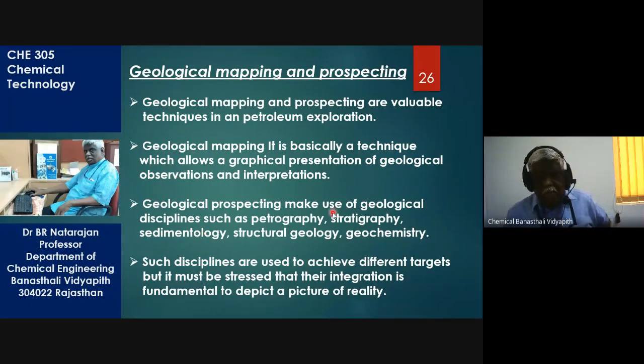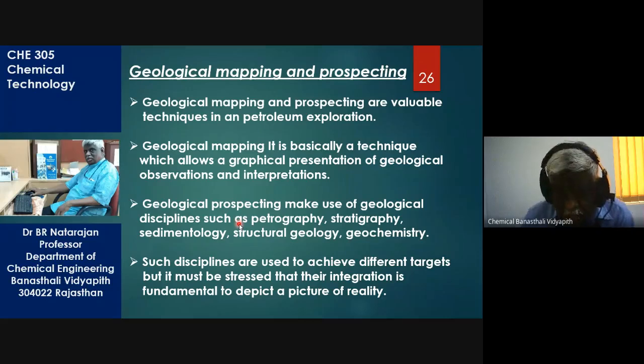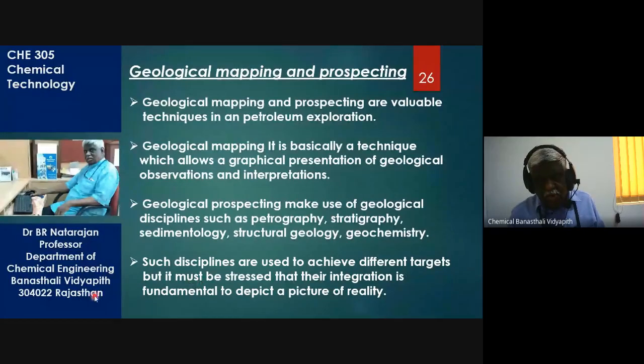And geological prospecting makes use of geological disciplines such as petrography, stratigraphy, sedimentology, structural geology, geochemistry. All these fields go to the success of this. Such disciplines are used to achieve different targets, but it must be stressed that their integration is fundamental to depict the picture of reality. Okay.